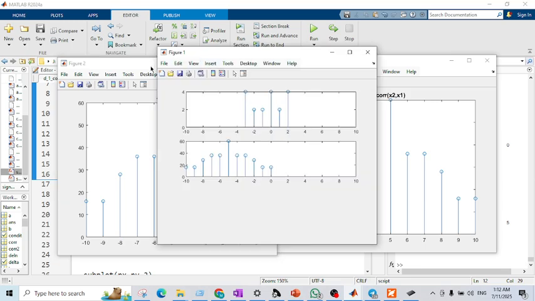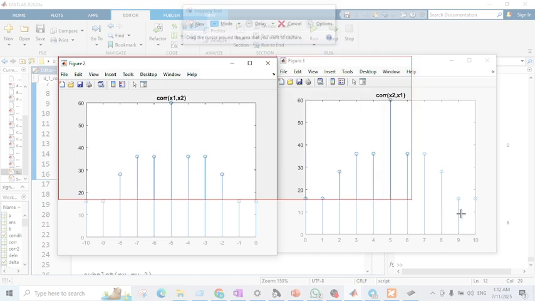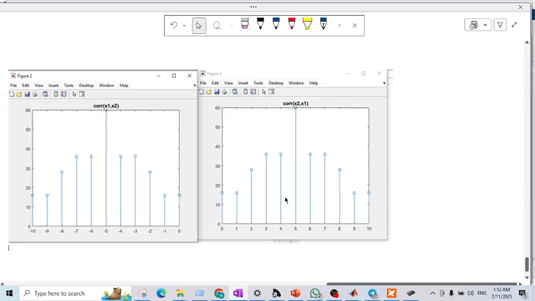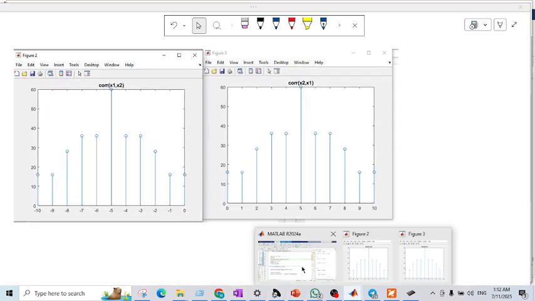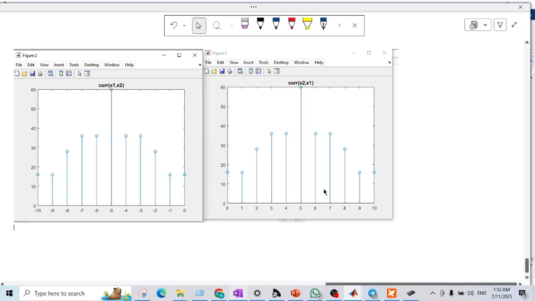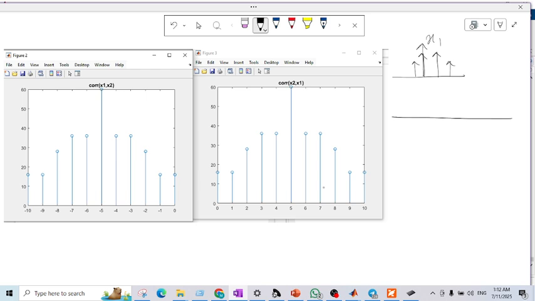Let me take a screenshot of it here and then go to here. Let me talk about when I am shifting by 5. When I have shifted it by 5, I have shifted the x2 signal by 5. So let's say this is my x1, and this looks like this, and x2 looks like this.